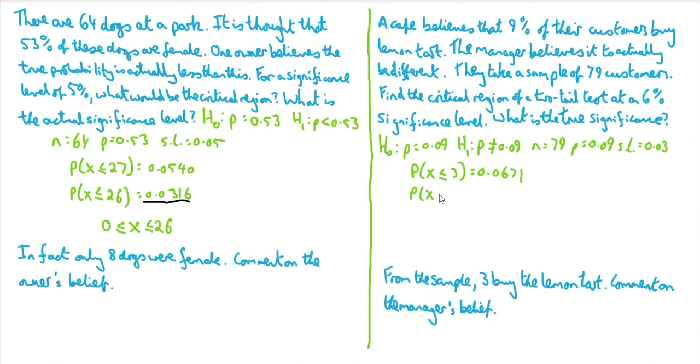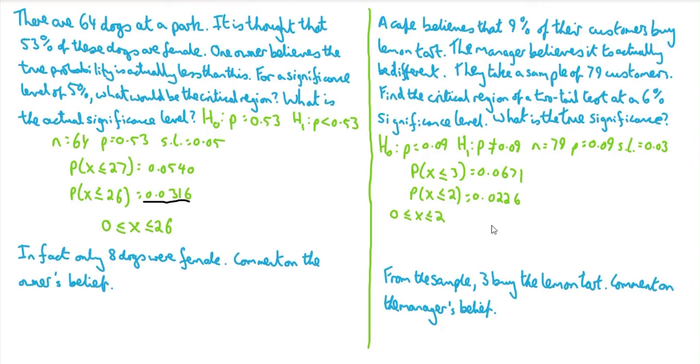Let's now try x is less than or equal to 2. This would get you the probability of 0.026. This is less than the significance level, and because x has to be an integer, this is the highest number that will work to be less than the significance level. Therefore, the critical region for the lower tail of our distribution is going to be x's between 0 and 2.